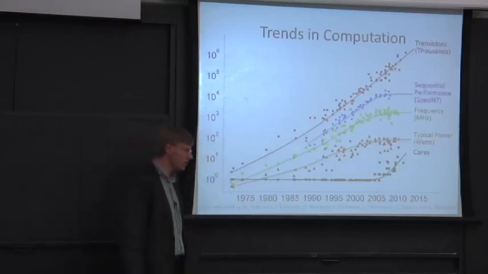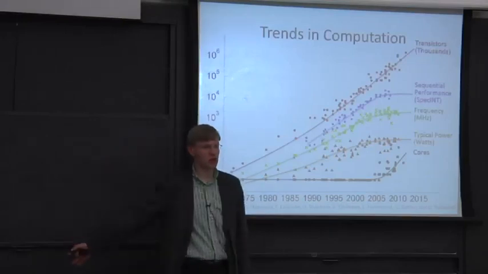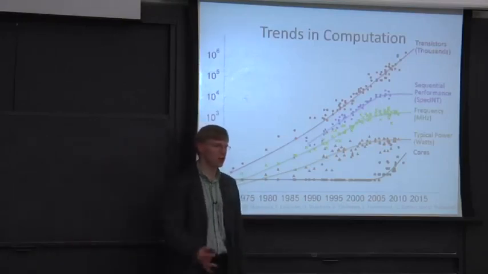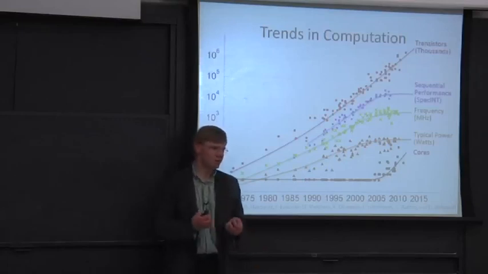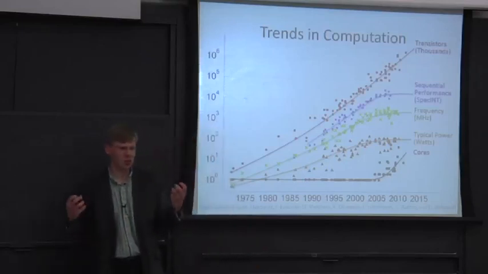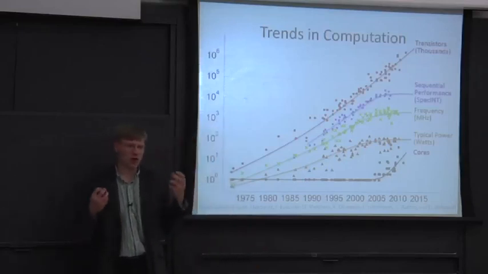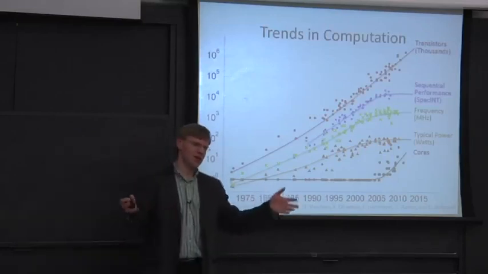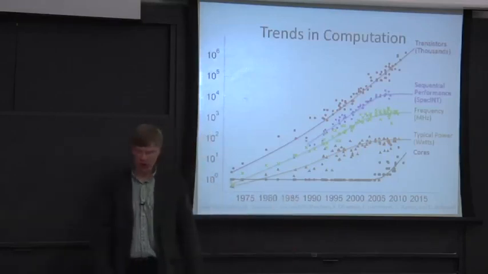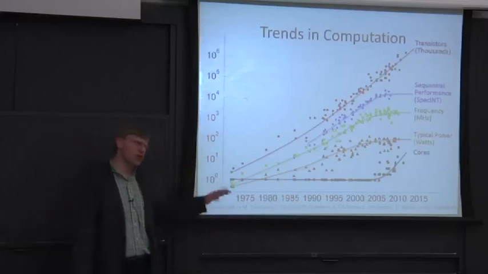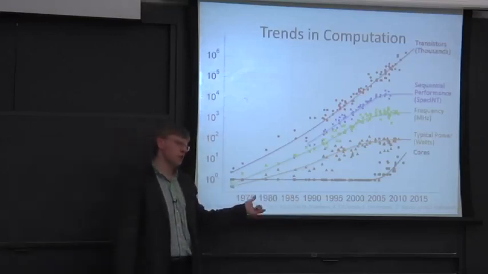And for the rest of class, between now and the end of the term, we're going to be talking about parallel computing systems, both systems that have multiple cores on one chip and multiple chips in a system. There are some subtle differences between the two of those things, but a lot of commonality.